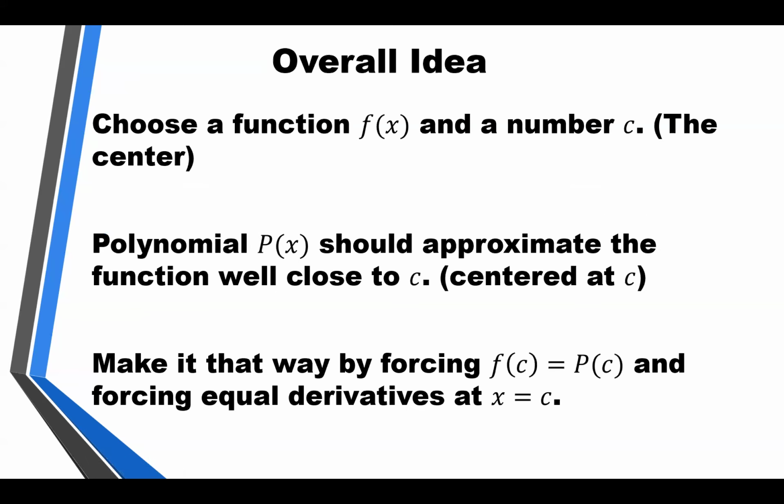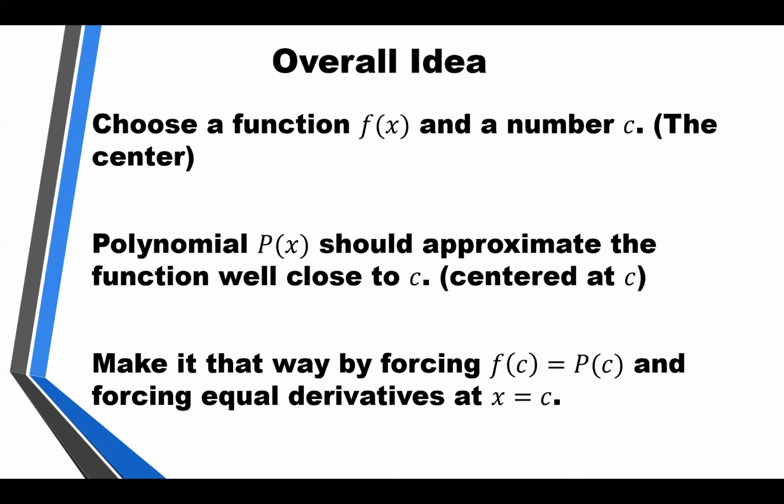Like I said, the overall idea is to approximate a function with a polynomial. So we're going to choose a function and choose a number, which we call C, the center. The polynomial should approximate the function well close to C. So in other words, at x values close to C, the polynomial and the function are going to be very near each other.